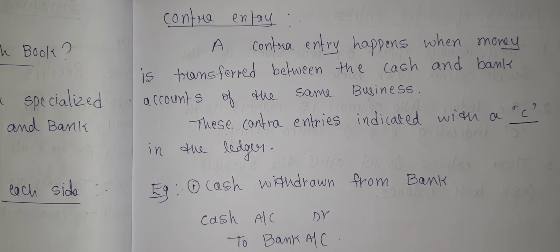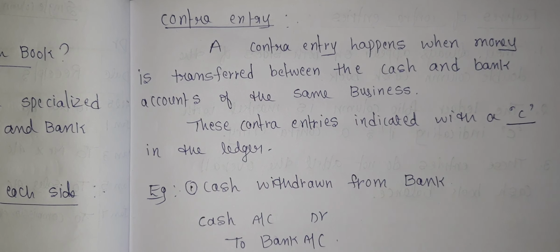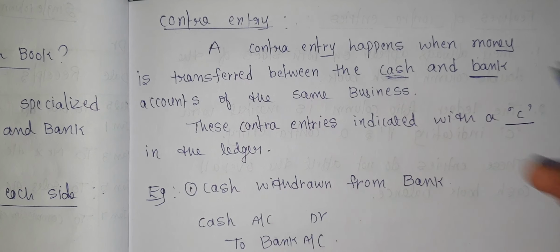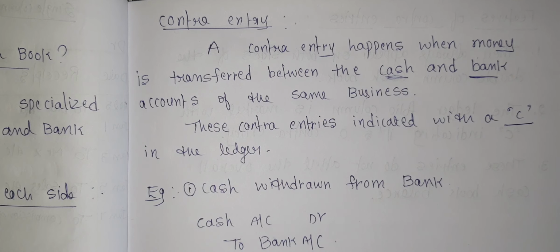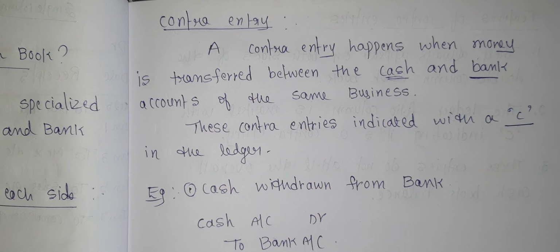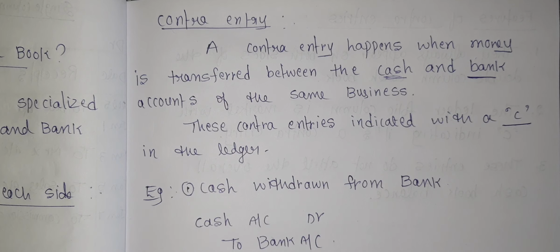See, a contra entry happens when money is transferred between the cash and bank accounts of the same business, and these contra entries are indicated with a C in the ledger folio. So if there is any contra entry, we have to indicate with a C in the ledger folio.